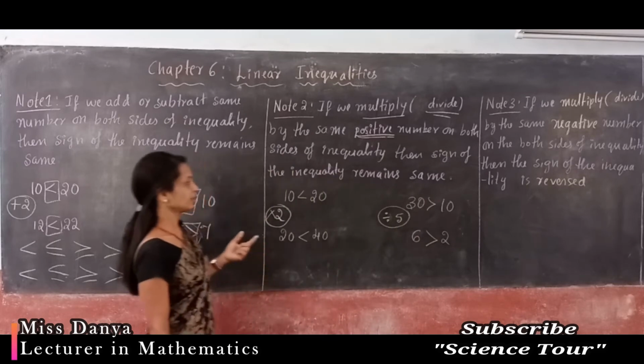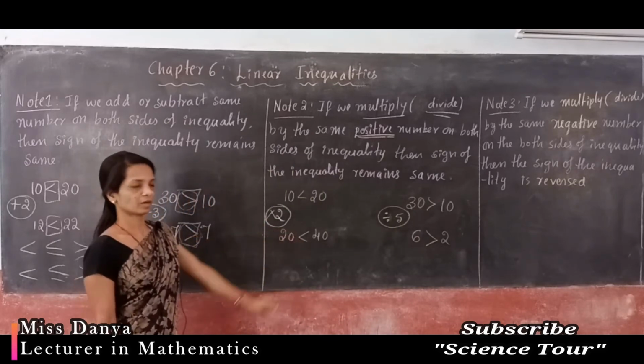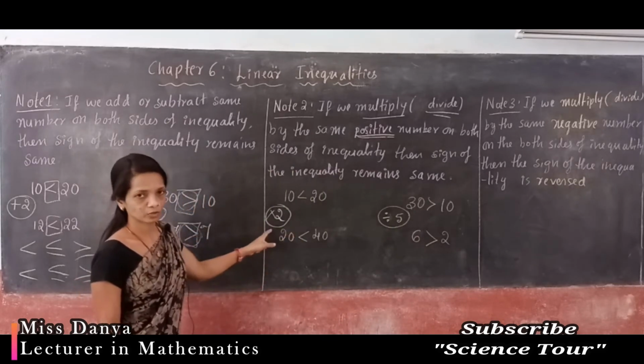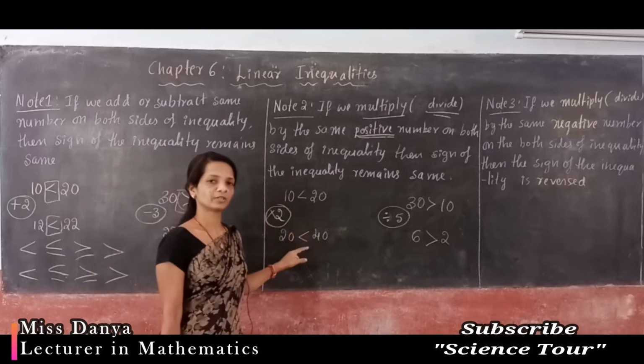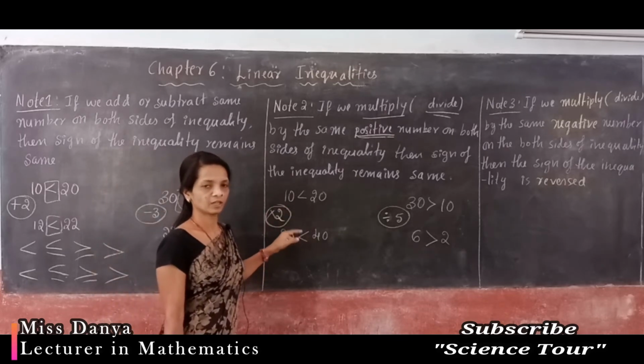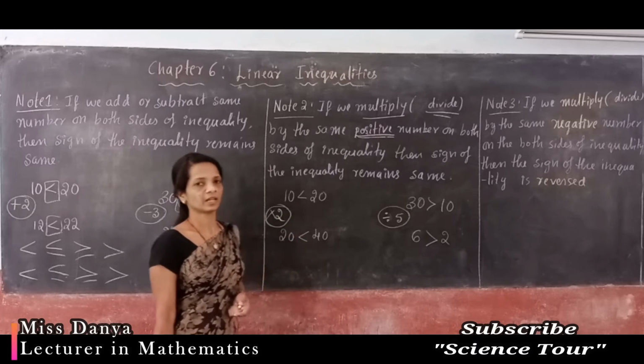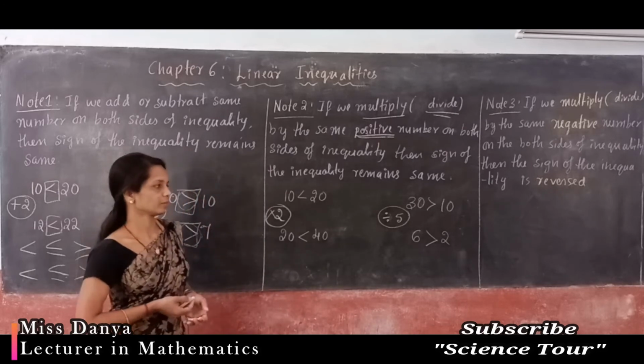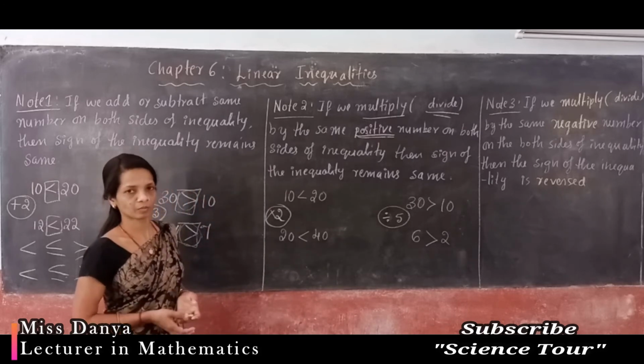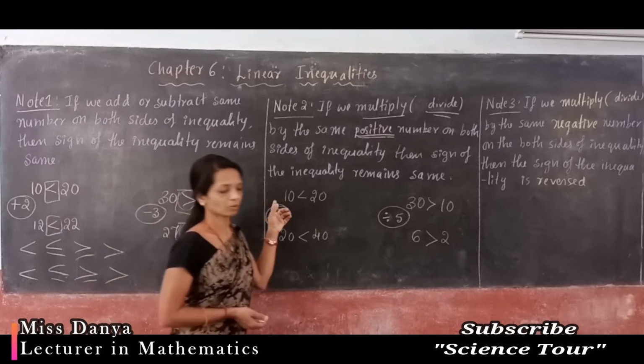If it is less than, it will be less than after multiplying or dividing by a positive number. If it is greater than, after that also it is greater than. If it is less than or equal to, it will be less than or equal to after multiplying or dividing by the same positive number. So that is note 2.